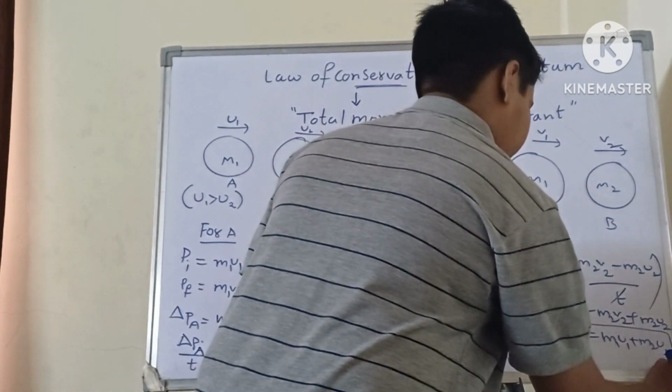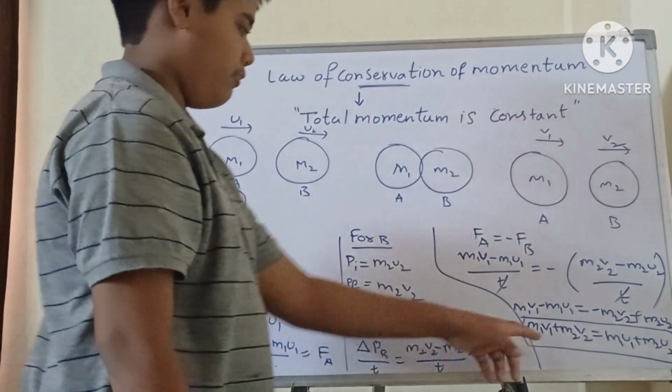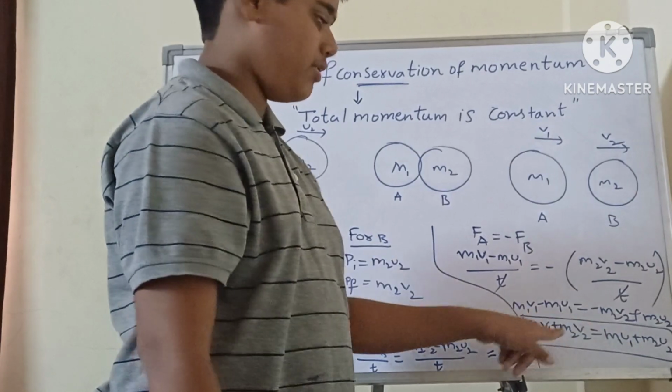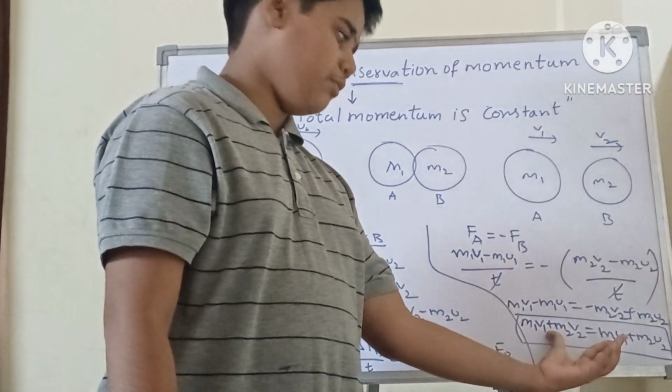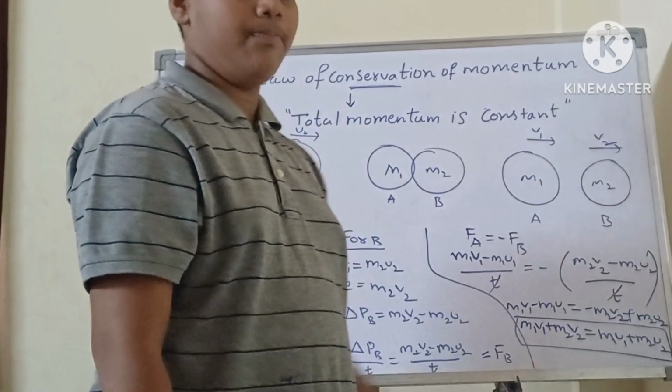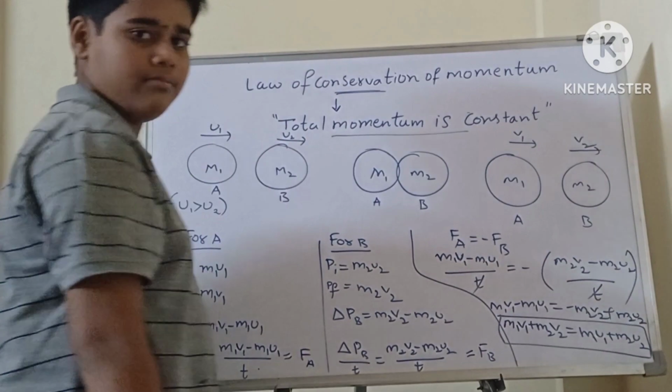So this is the total momentum. So we have proved that total momentum is constant, which means equal. If we subtract these both, we will get 0. So we proved that total momentum is constant.